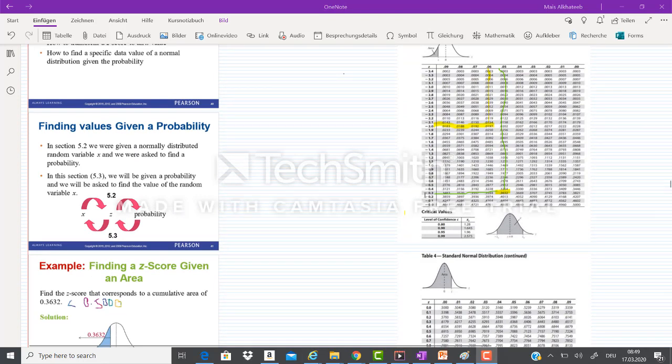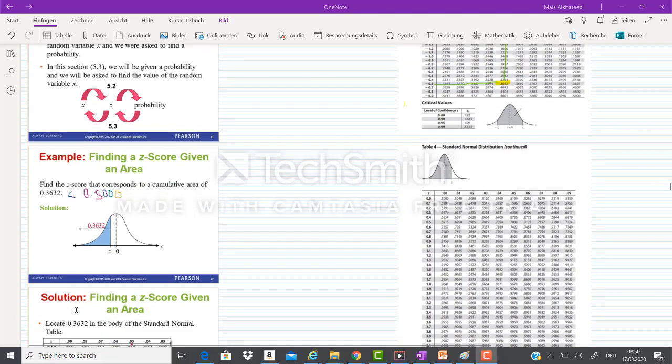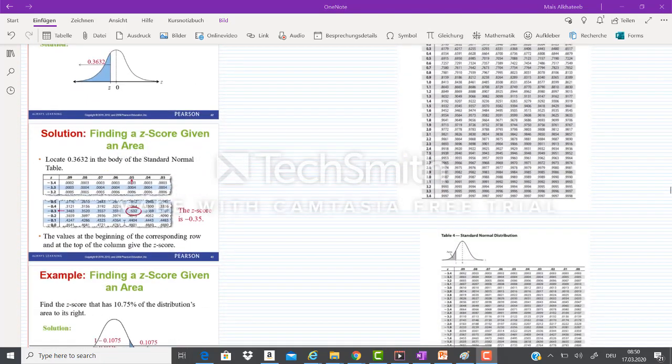So the corresponding z will be minus 0.35. In this way, I find the corresponding z.